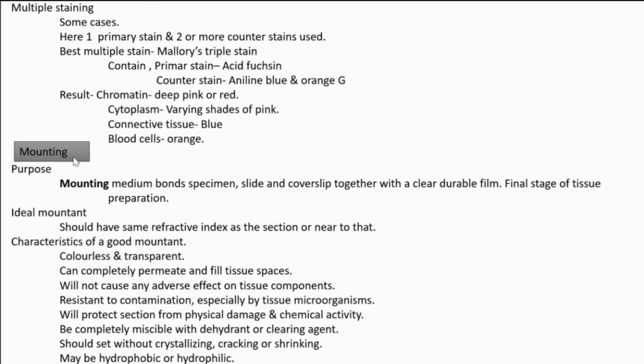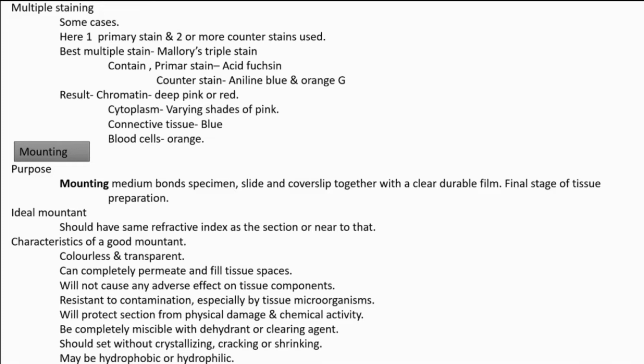Next, mounting. Staining is over. Mounting, what is the purpose? Till now we have prepared the specimens, perfectly sliced thin specimens that are duly stained. Then we need to observe under the microscope, so we need to put on a cover slip. After putting on the cover slip, there is a chance of displacement of the cover slip or the specimen, or some damage may happen to the specimen.